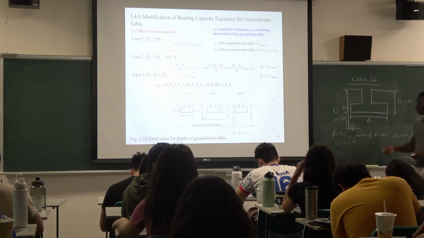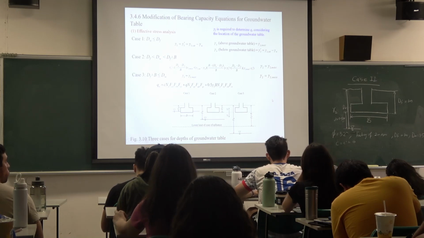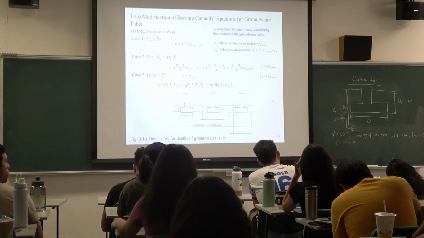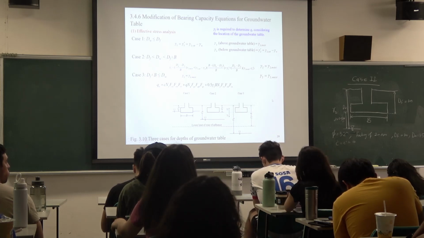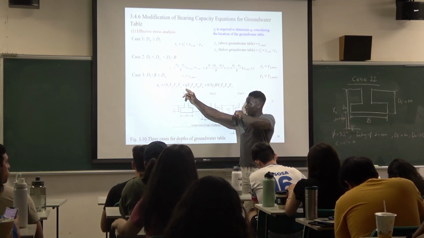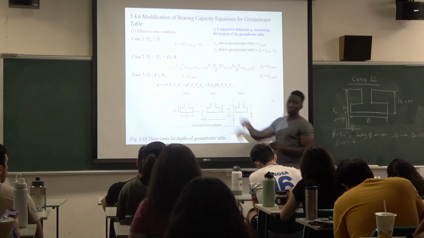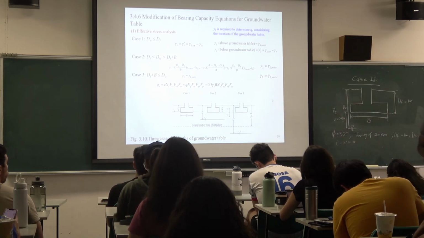Okay, so just like the previous one, the shape factors, the depth factor, and the inclination factors are still the same. Nothing changes. The only changes we are going to observe will be in the evaluation of the stress at the base of the footing and then also the gamma.